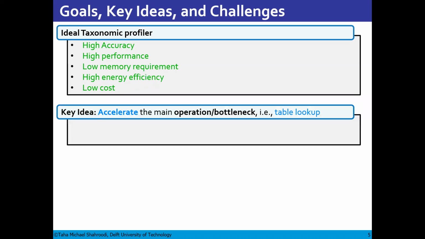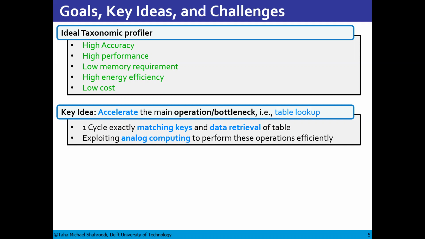Our key idea is to accelerate the main bottleneck operation of almost all of today's taxonomic profilers, which is the table lookup operation. We do this through one-cycle exact matching of keys and data retrieval for our table, and by exploiting the analog computing capabilities of emerging memory technology.